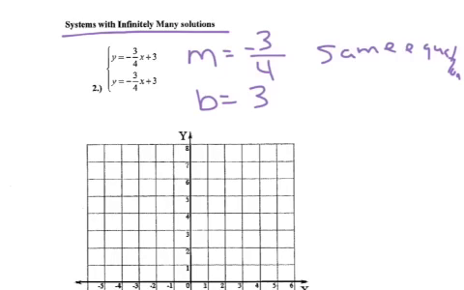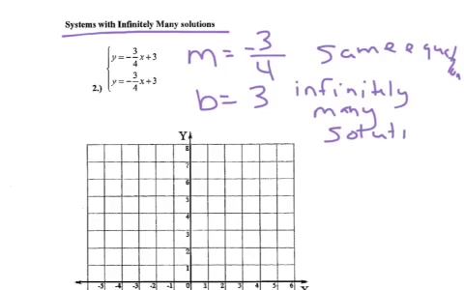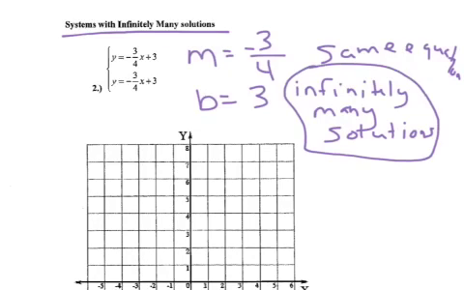Therefore, the answer to this would be infinitely many solutions, because it is the same exact line. What is on one equation would be on the other because it's the exact same line.